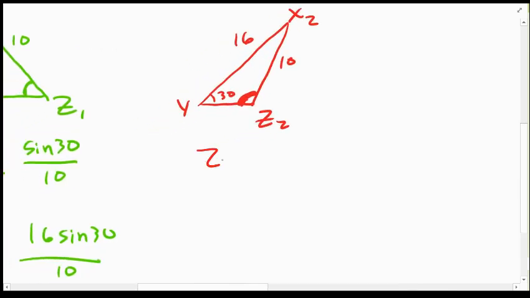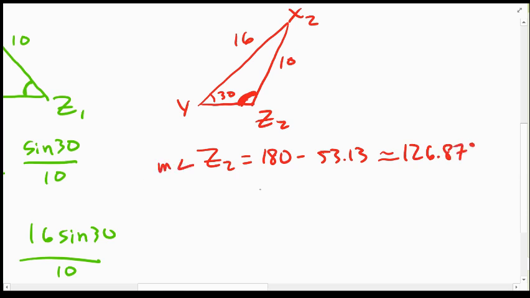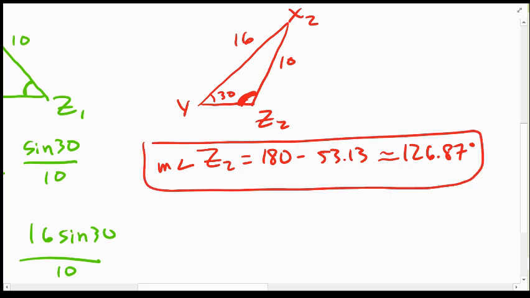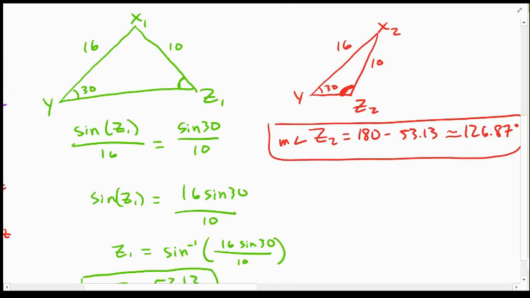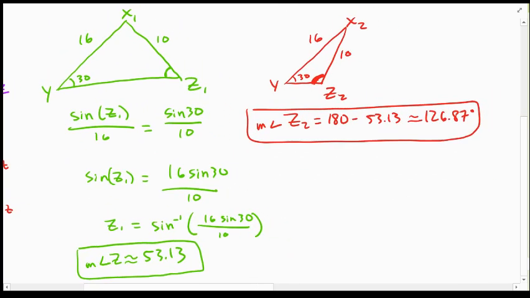So Z2 here is equal to 180 minus 53.13, which is approximately 126.87. So that's a measure of angle Z2 here. And now that I've used that image to help me find Z1 and Z2, now I can just solve the rest of these triangles separately.